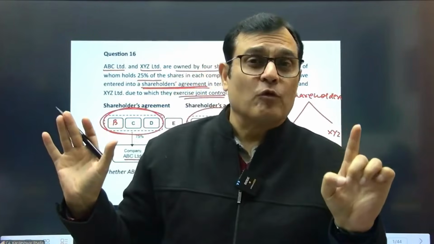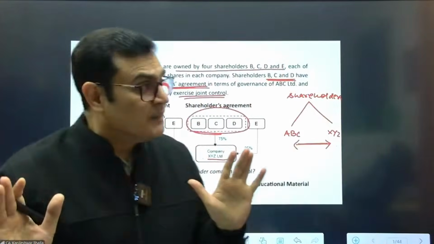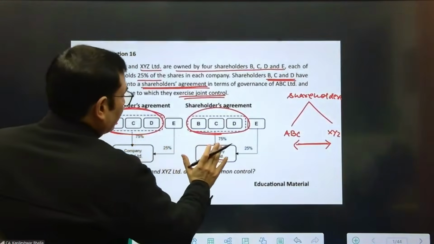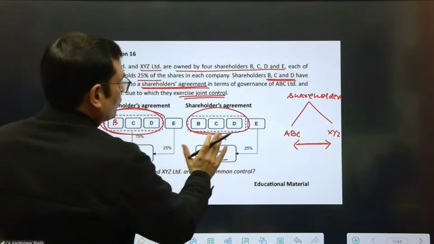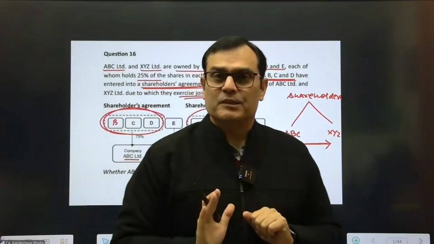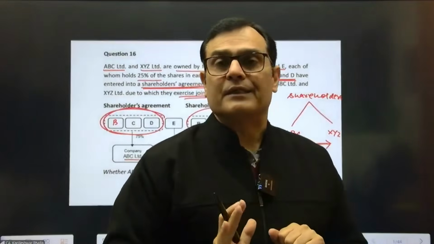Basically, this question is focusing on step number 1 and to some extent on step number 2, but not on 3. So in this case, we can say that ABC and XYZ are jointly controlled by BCD. So any transaction between ABC and XYZ will come under the scanner of common control. Let's go ahead and see another question.